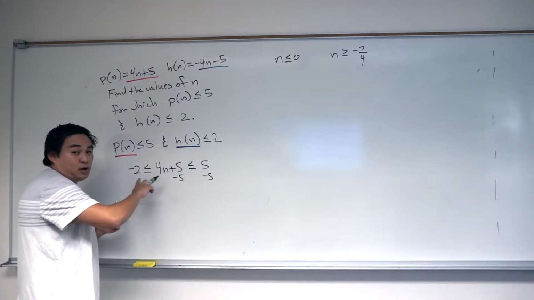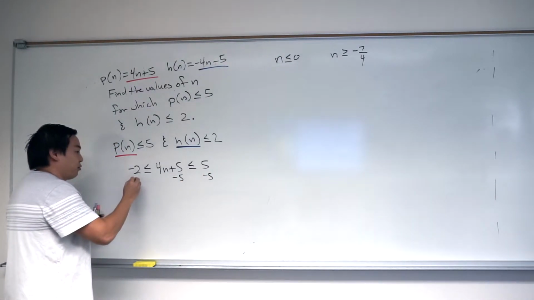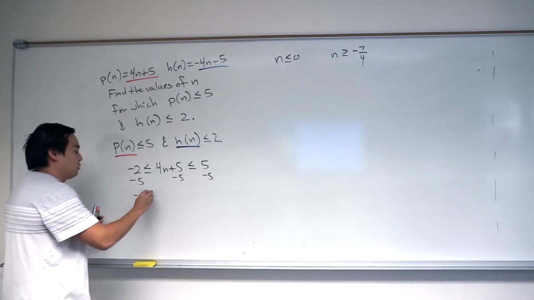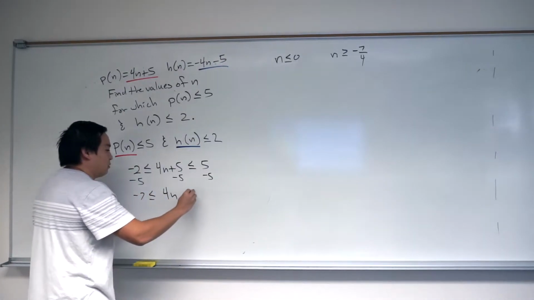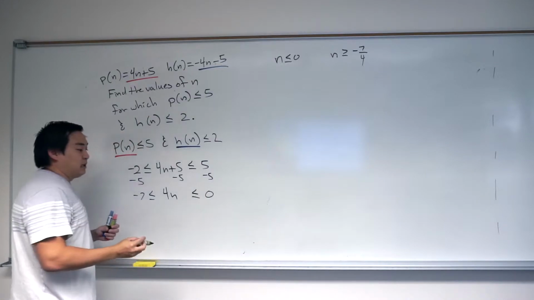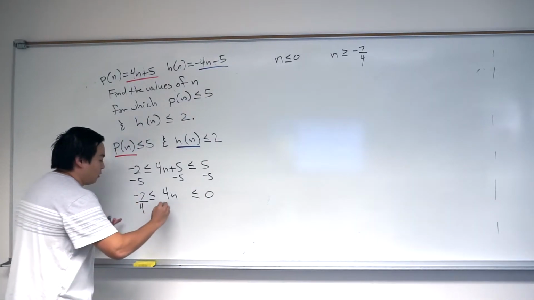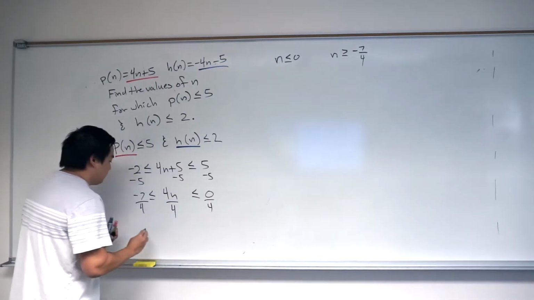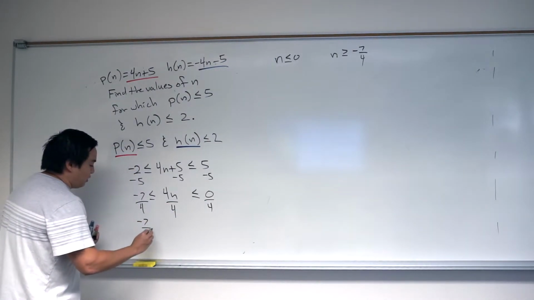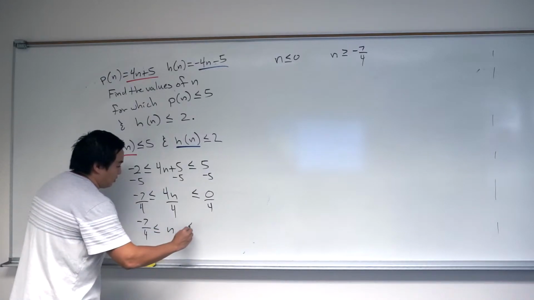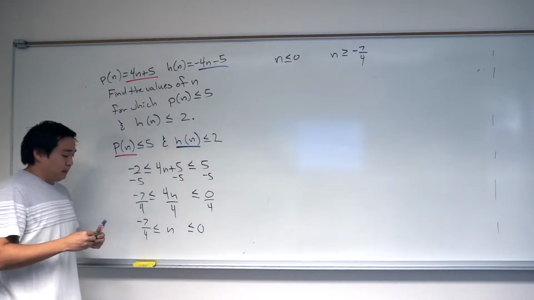But since we have 3 different parts, we have to do it to all 3. And similarly, divide by 4 means divide all 3 by 4. So -7/4 is less than or equal to n, which is less than or equal to 0.